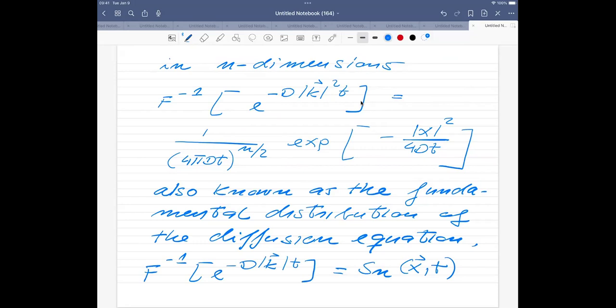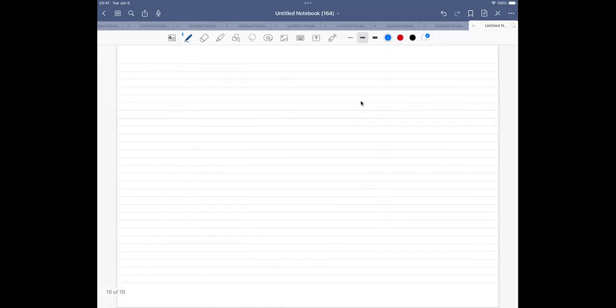Now, there's another theorem which we are interested in, and that is the convolution theorem. I'm assuming that you have seen the mathematical process of convolution.